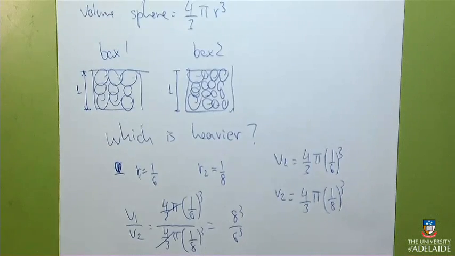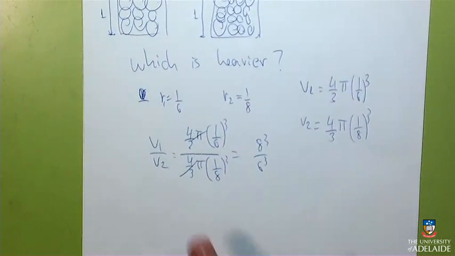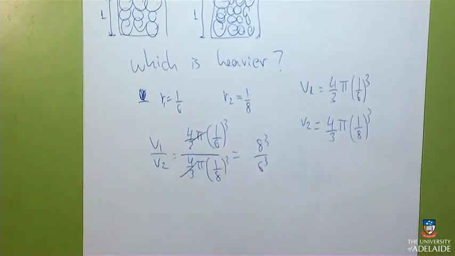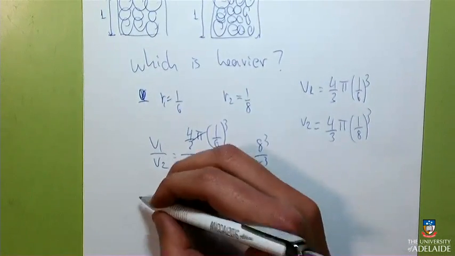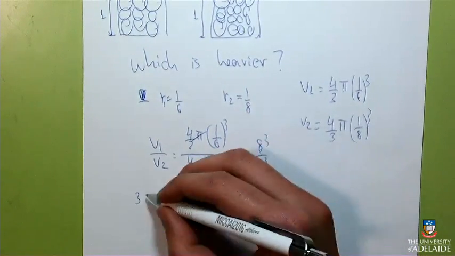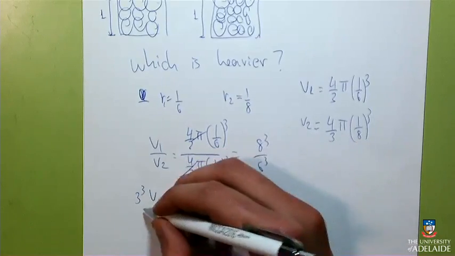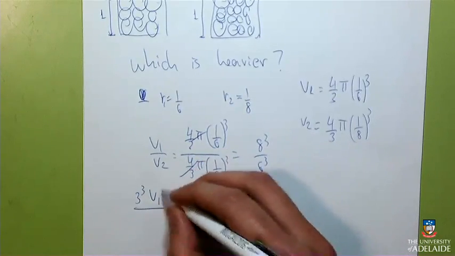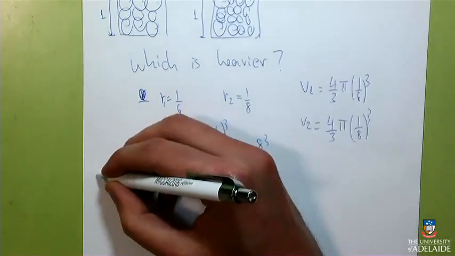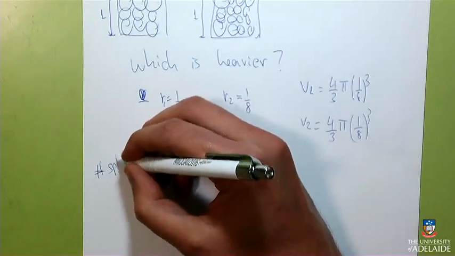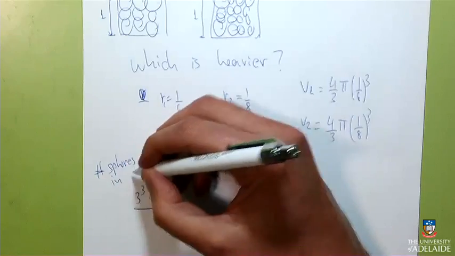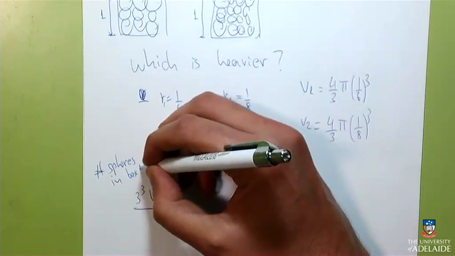Okay, so now let's do this slightly differently. How many spheres do I have in box 1? 27. Yeah, so 3 cubed times volume 1. So that's the number of spheres in box 1.